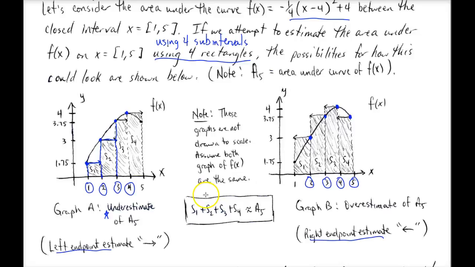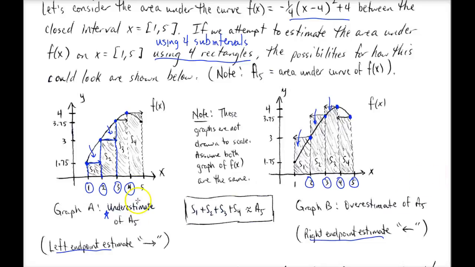Now, of course, we see these gaps here, and so basically these are gross underestimates, whereas a lot of the rectangles here, here, and here are going to be above this particular function, so it's going to be a gross overestimate.